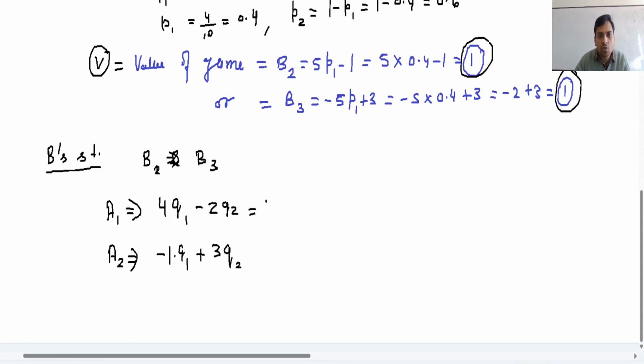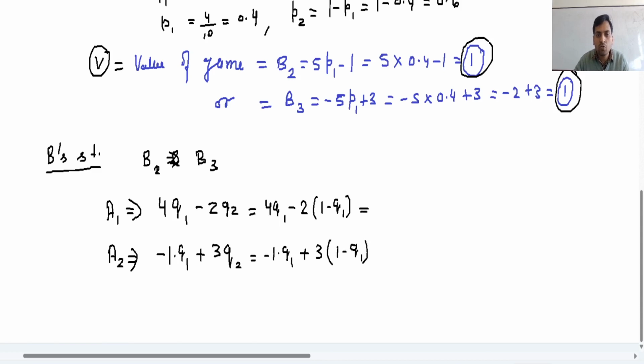So this equals 4Q1 minus 2 into 1 minus Q1. And this can be written as minus 1 into Q1 plus 3 into 1 minus Q1.